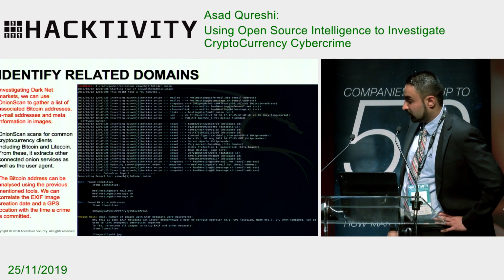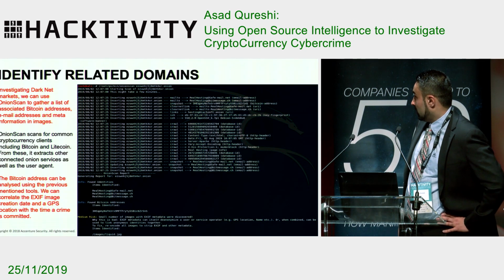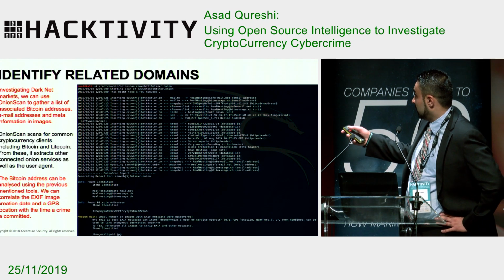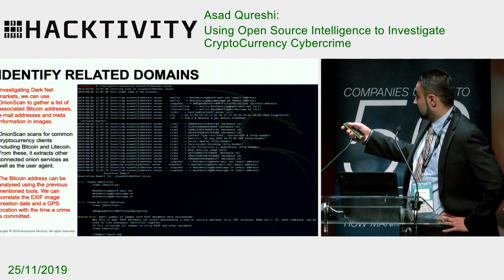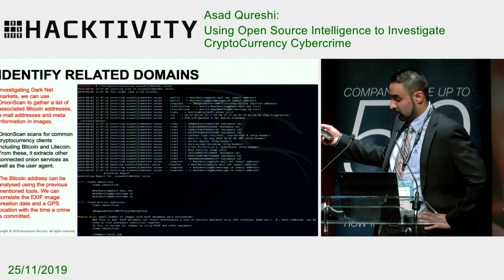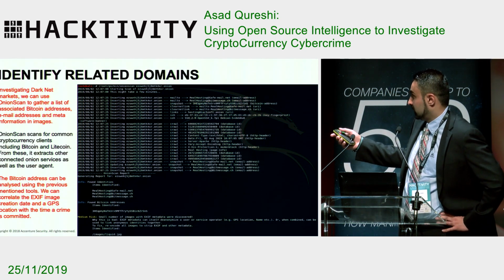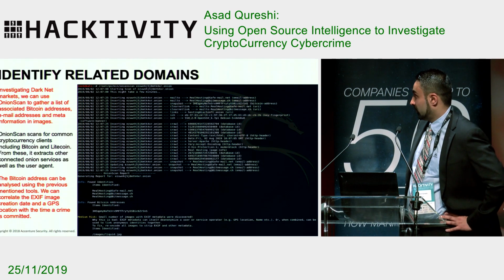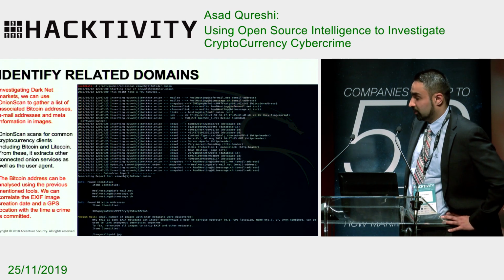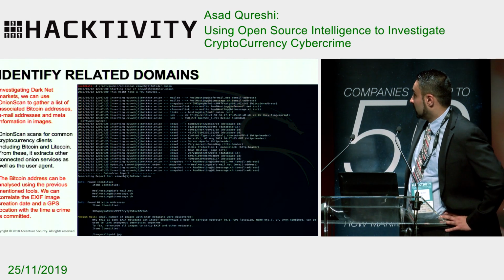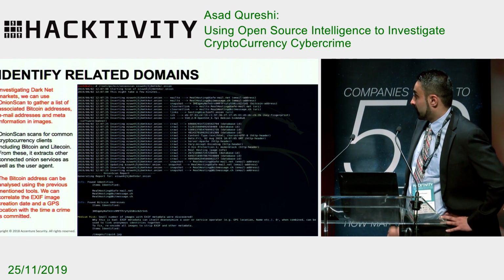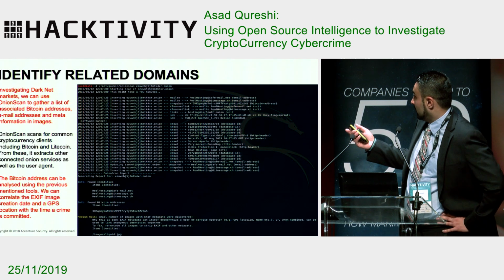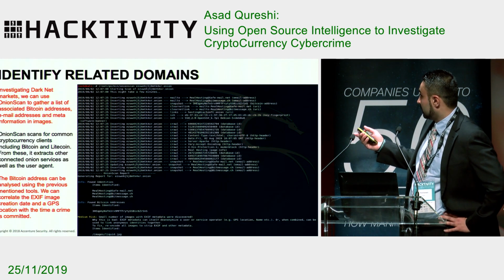The onion scan tool will actually scan the darknet for the darknet address to see if that Bitcoin address is used in that domain or not.